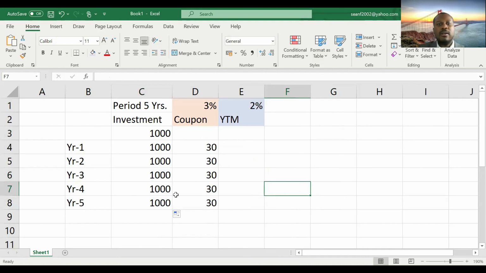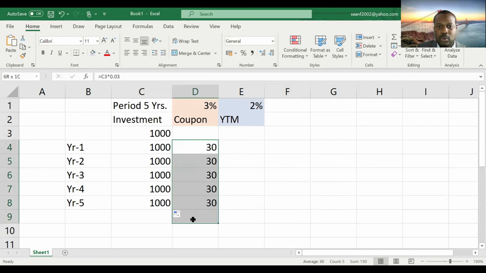So we know the coupon payment each year is 30, and therefore the total received from coupon payments over the period is 150.